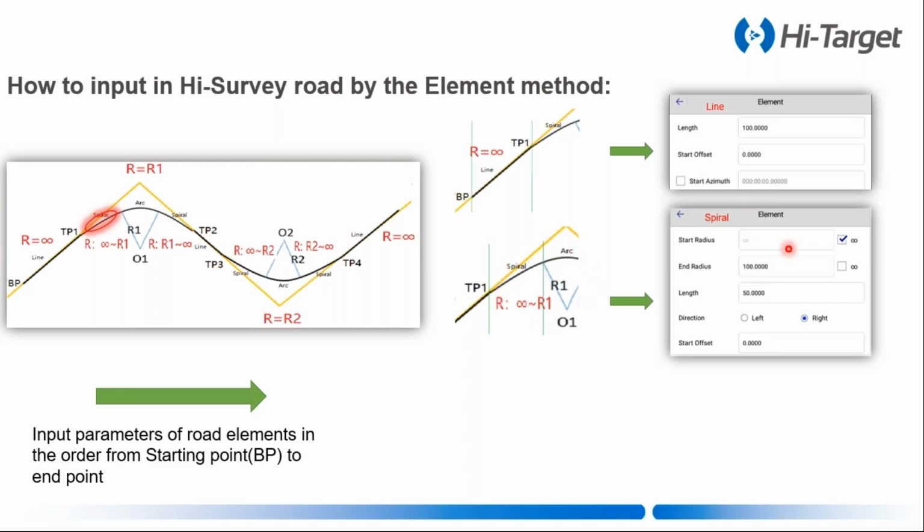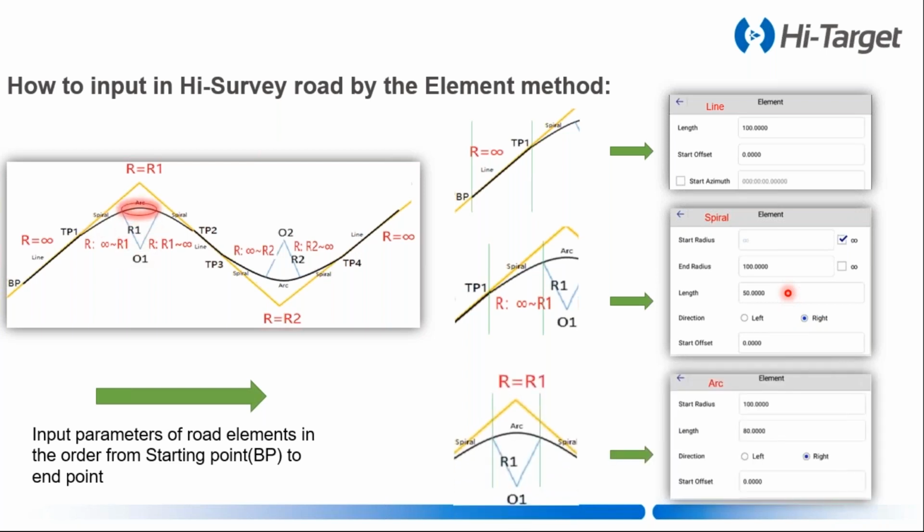So in this situation, the software will check this automatically. If in some special road design the start radius is not infinity, we can uncheck it and input the value. Then we input the length of this spiral curve and choose the direction. In this line, the direction is right.